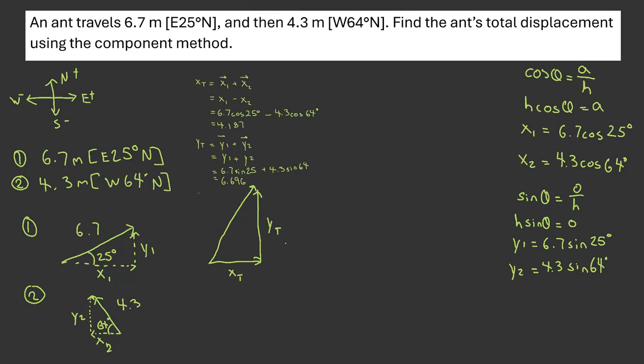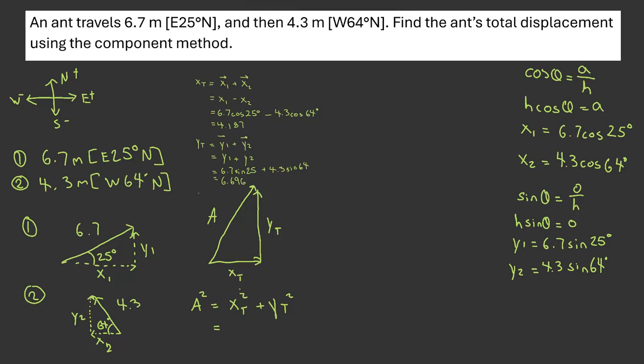So now what I can do, right, I have xt, I have yt. I want to find this. Let's call this A, just for the ant's total displacement. So I can say, again, using Pythagorean theorem, I can solve for this hypotenuse. So I'll say a squared equals xt squared plus yt squared. And so I know yt is this value here, xt is that value there, and I can just plug in and solve.